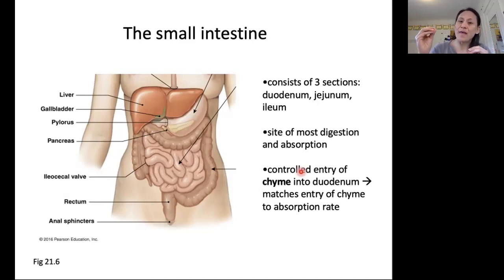We want to make sure that the amount of chyme that's entering the duodenum is slow enough that our digestive processes of digestion and absorption can handle all of that. That's how we're going to extract the most nutrition that we can from the food that we eat.